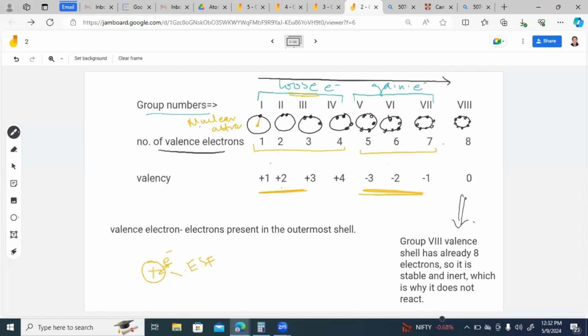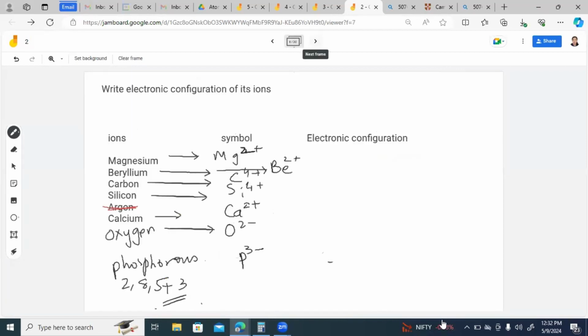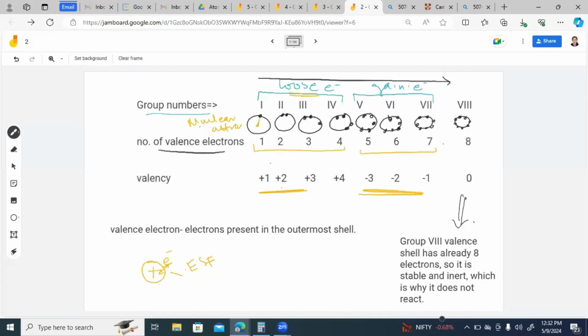Over here we have the group numbers, and group numbers tell us the number of valence electrons in the periodic table.